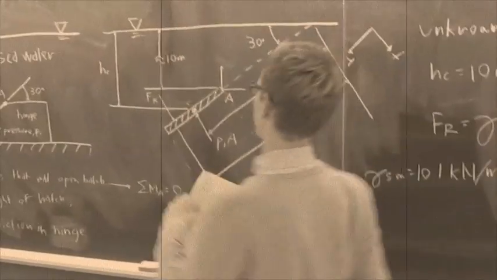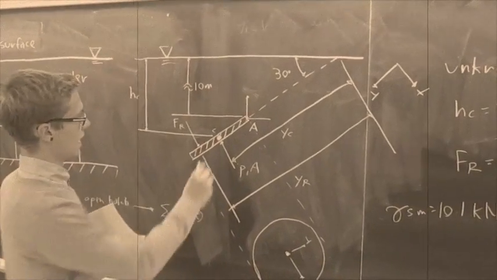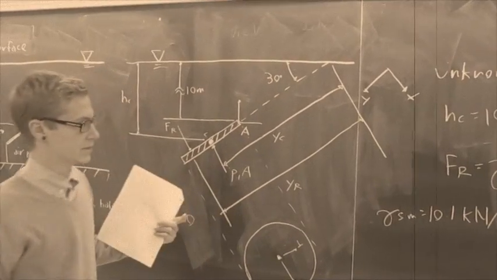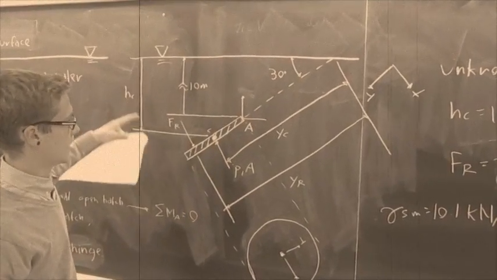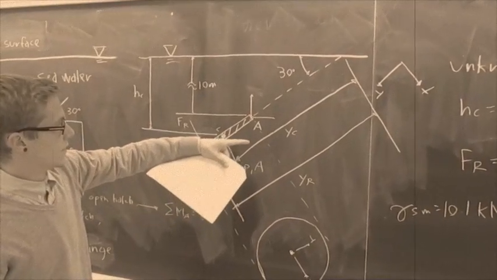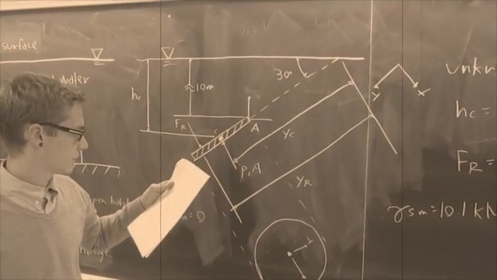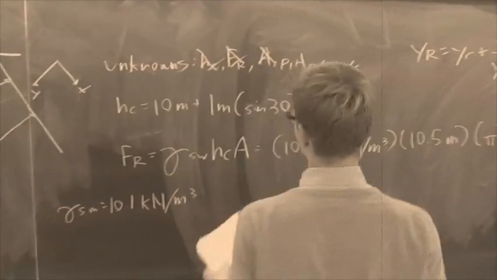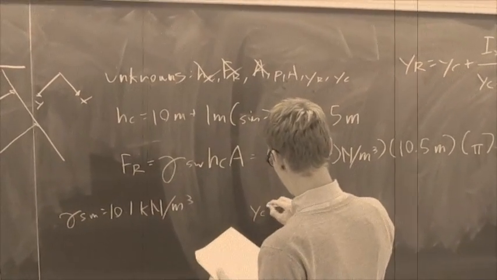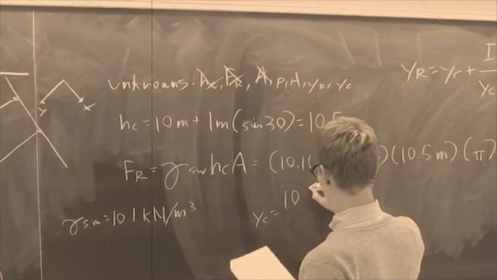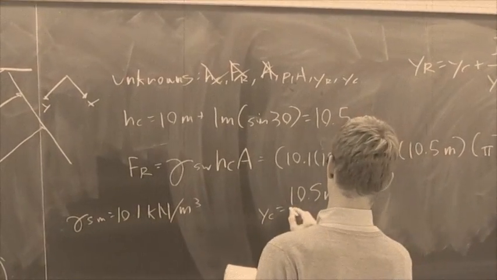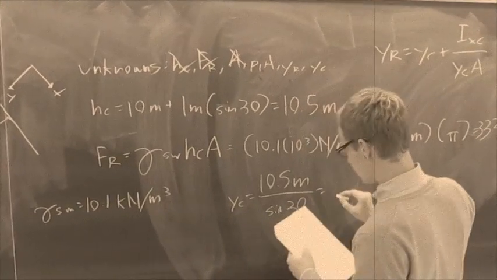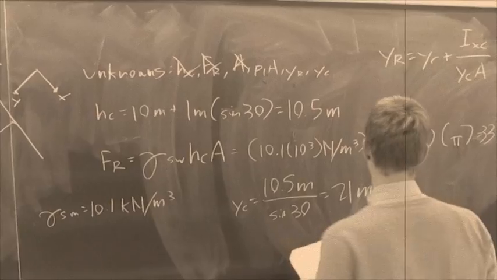So Yc is the hypotenuse of the triangle that's formed by Hc and this sine 30. So knowing that sine 30 is going to be Hc divided by Yc, then Hc divided by sine 30 will give you Yc. So we know Hc is 10.5 meters. That's our Hc divided by sine 30, which is equal to 21 meters.